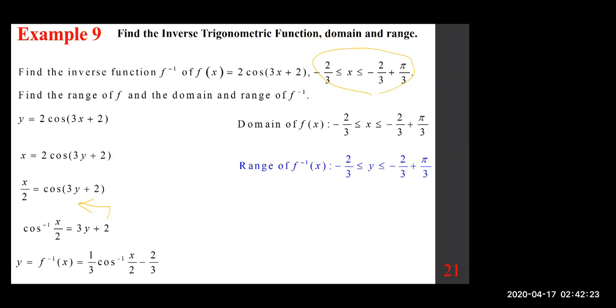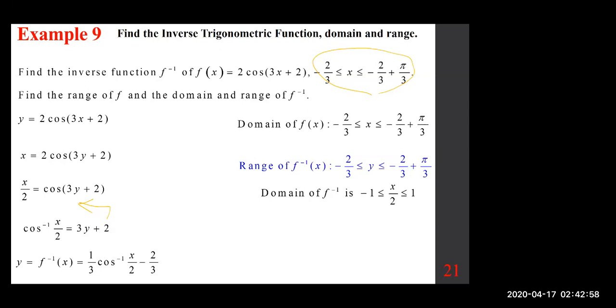Right? Everybody okay with that, right? Yes. Now, the domain of f inverse is between -1 and 1.